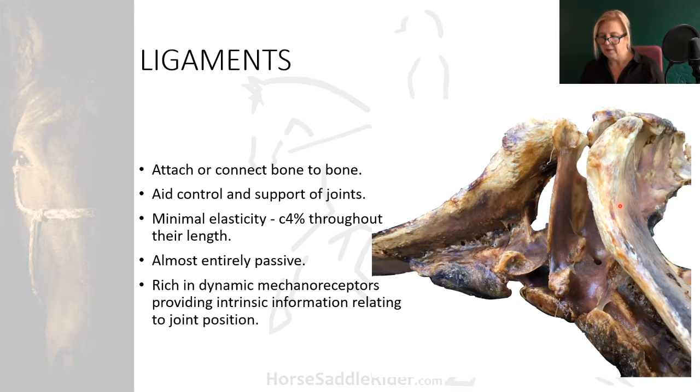And you can see from the sacroiliac joint here, there was more ligamentous attachment, but you can see clearly that this is a good example of how bone attaches to bone.